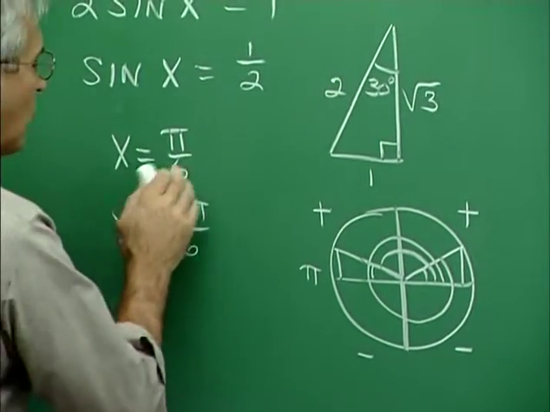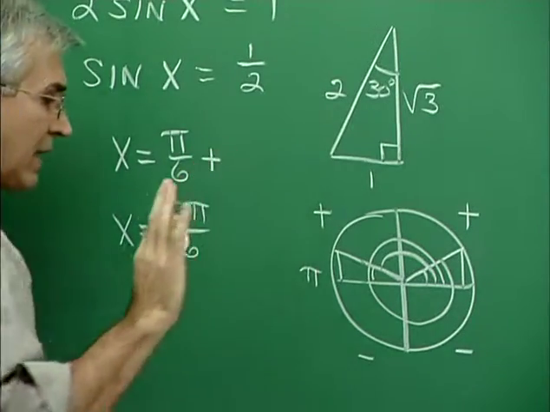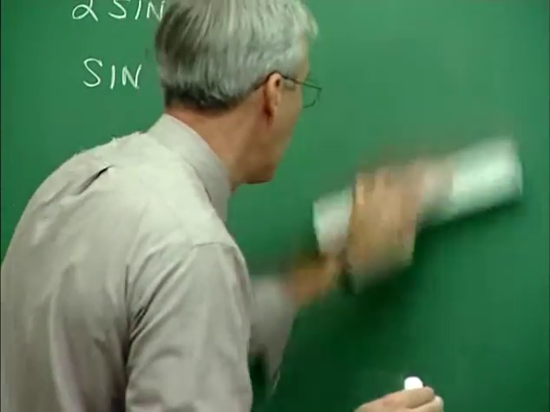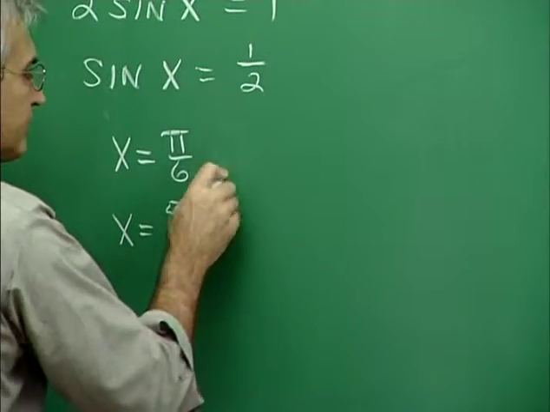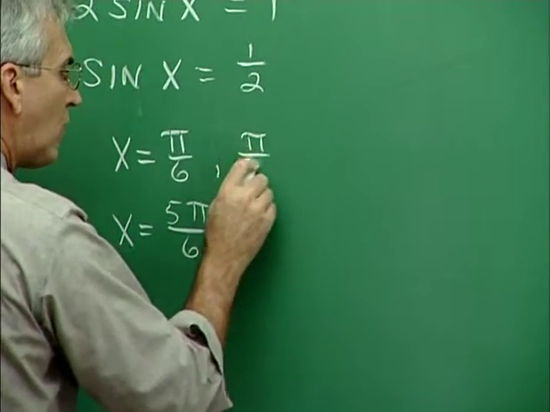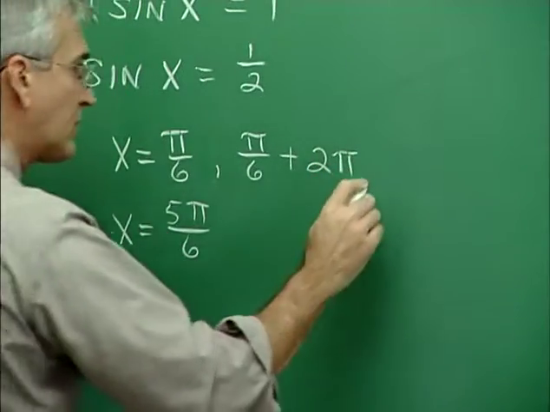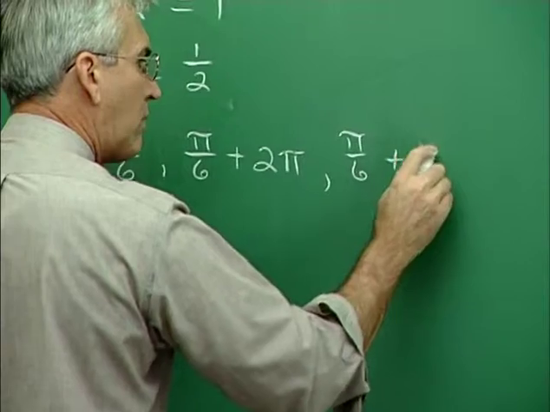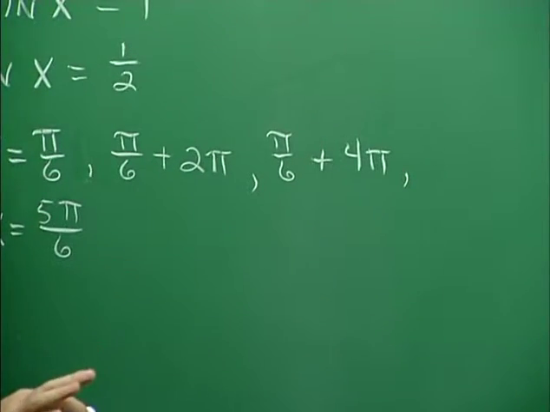It would be pi over 6 plus. Now let me emphasize, I want to make sure we understand where I'm going with this conversation: it is pi over 6, and then pi over 6 plus 2 pi. You see, go all the way around the circuit. And then it's pi over 6 plus 4 pi, and then pi over 6 plus 6 pi and so on.